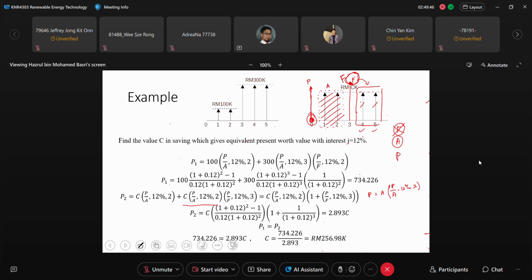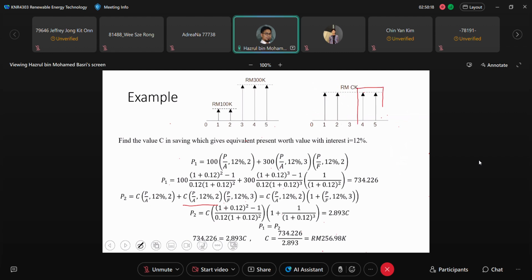To avoid any confusion, let me clear out this part. I'm starting step number 2.